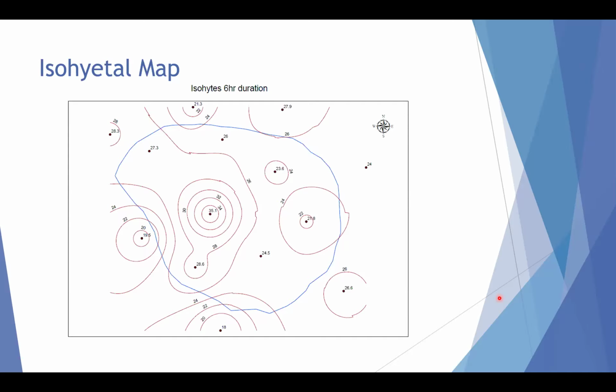Contour, it is your topography, like elevation, lines joining the same elevation, you call it a contour, whereas isohyets are lines joining rainfall of the same depth. Okay, so you take any duration, and let us say here I have taken 6 hour duration. And for 6 hour duration rainfall, I prepared the isohyets.